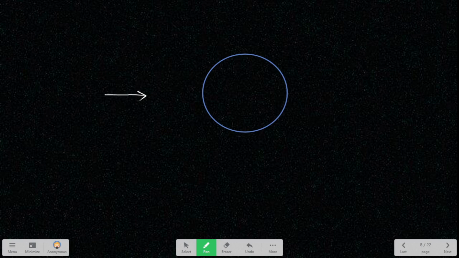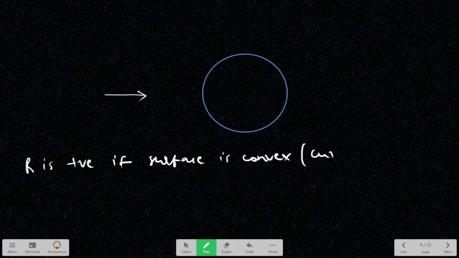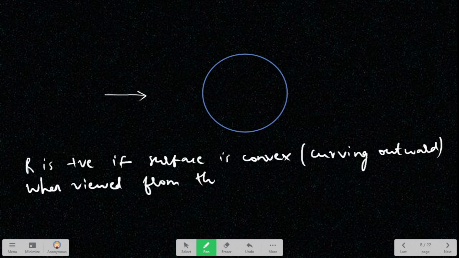So there is a convention of choosing radius of curvature positive or negative. R is positive if the surface is convex. Convex means curving outward when viewed from the incident light side.